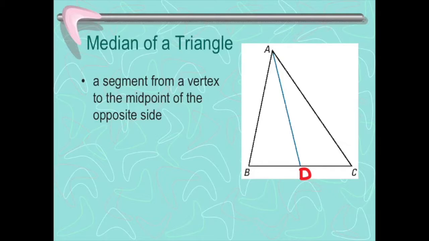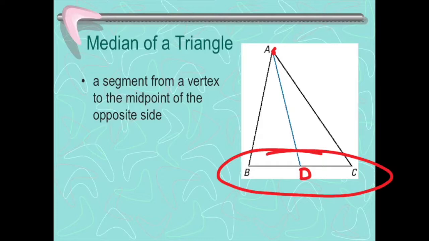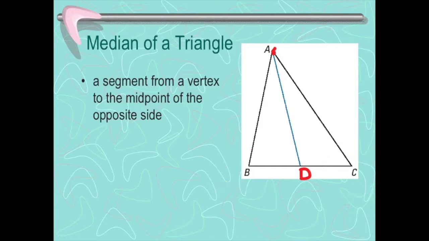Based on this definition, it's a segment that goes from the vertex to the midpoint of the opposite side. And so, what do we know about this segment down here? BD is congruent to DC? Yes. So BD is congruent to CD because it's the midpoint.